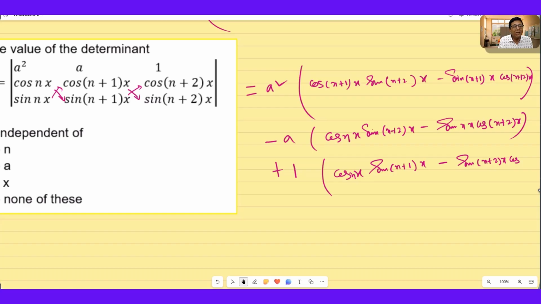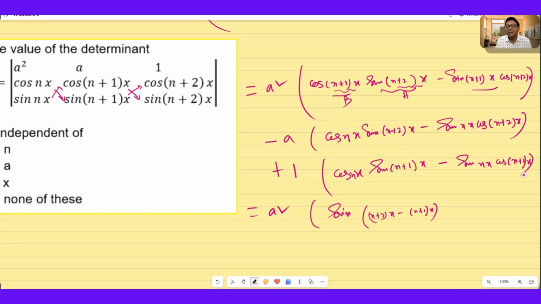this into this minus this into this. So there it will be cos nx sin n plus 1x minus sin nx cos n plus 1x. So if you evaluate, this is like sin a cos b minus cos a sin b. So sin a minus b, this angle is a, n plus 2 into x is a, and this is b. So there will be n plus 2x minus n plus 1x.